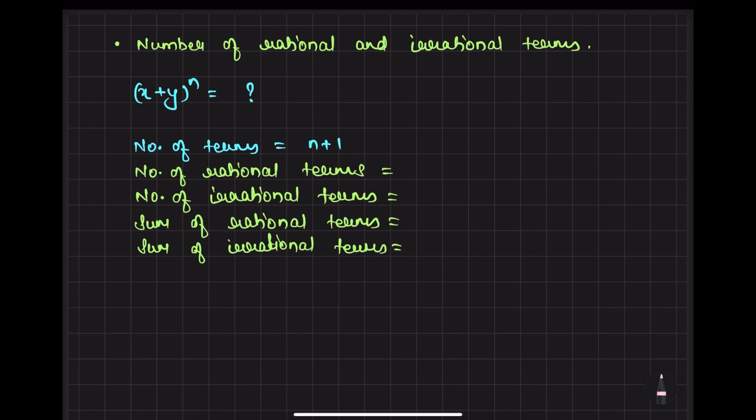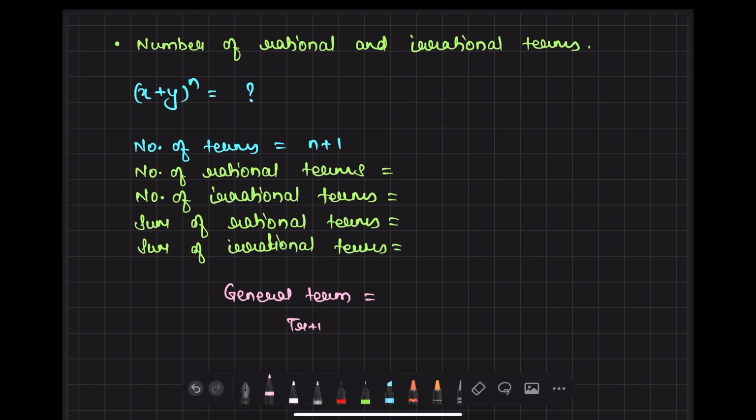So first, write down the general term. I am not using any formula. I don't want to write T_(r+1) here because I haven't taught you this yet. So how will we approach?